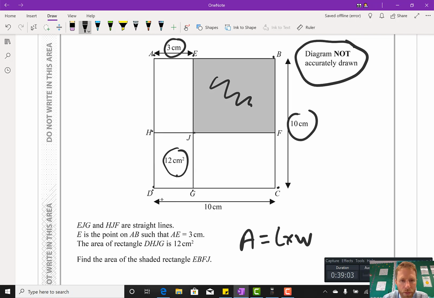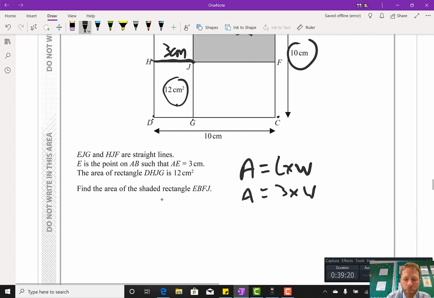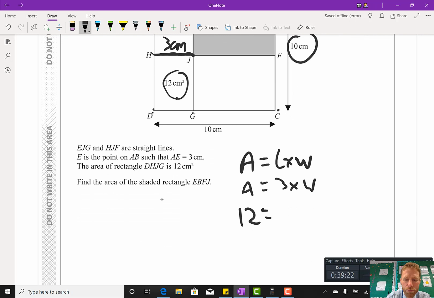Now, I know that this is the same length as this one, so that is 3 centimeters. So 3 multiplied by something, because I'm going to refer to my formula. So area equals 3 times the width. Area is 12. So 3 times the width, so therefore the width must be 4.